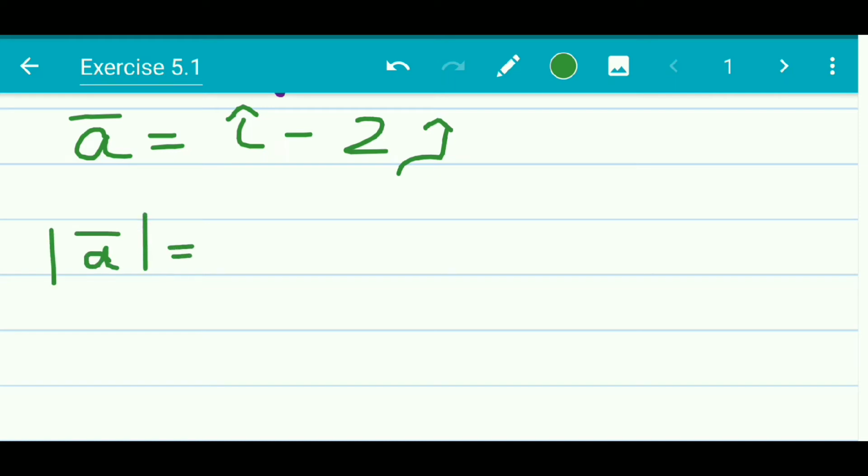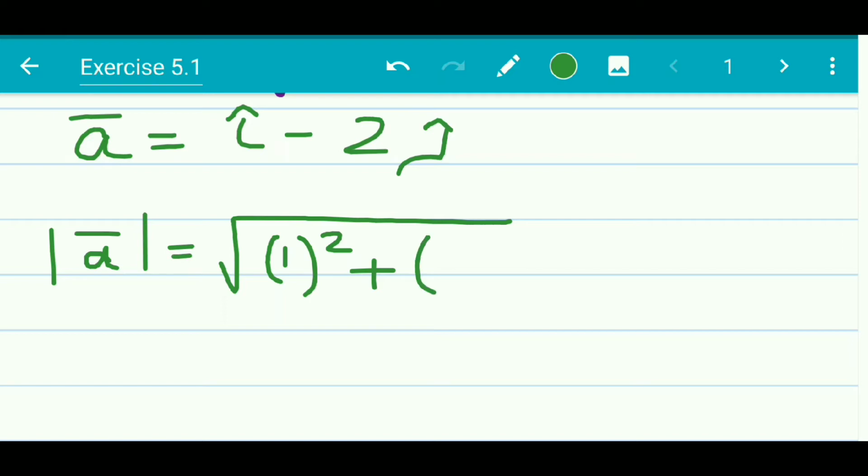Mod a is equal to root of the coefficient of i term the whole square, that is 1 square, which is the coefficient of i, plus the coefficient of the j term the whole square, that is plus minus 2 the whole square. Now 1 square plus minus 2 the whole square is root of 1 plus 4, which is root 5. So mod a comes out as root 5.